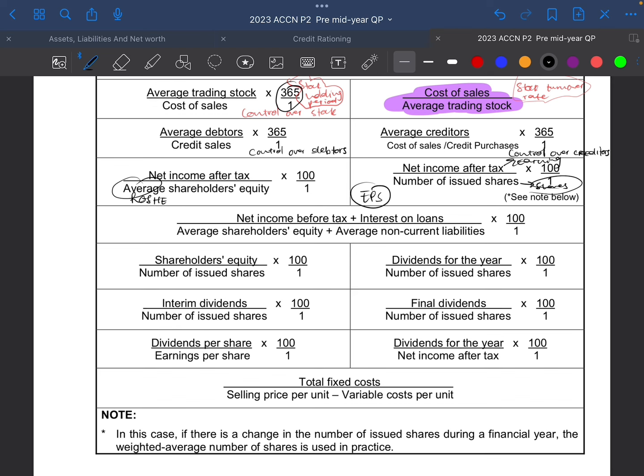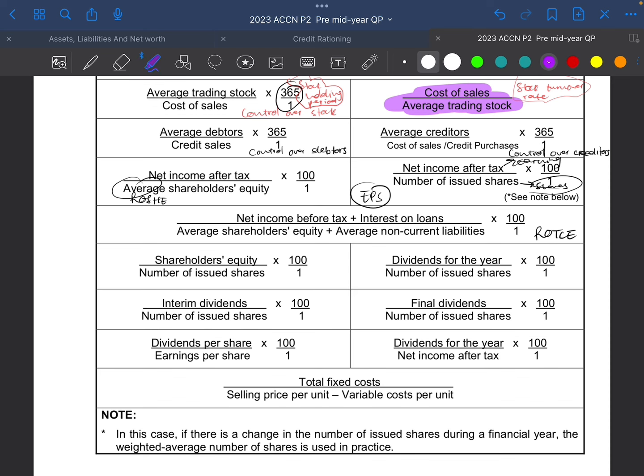This is what we call your ROTCE, or whatever you want to call it. So your return on total capital employed is entailed by the formula net income before tax plus interest on loans divided by average shareholders' equity plus non-current liabilities.